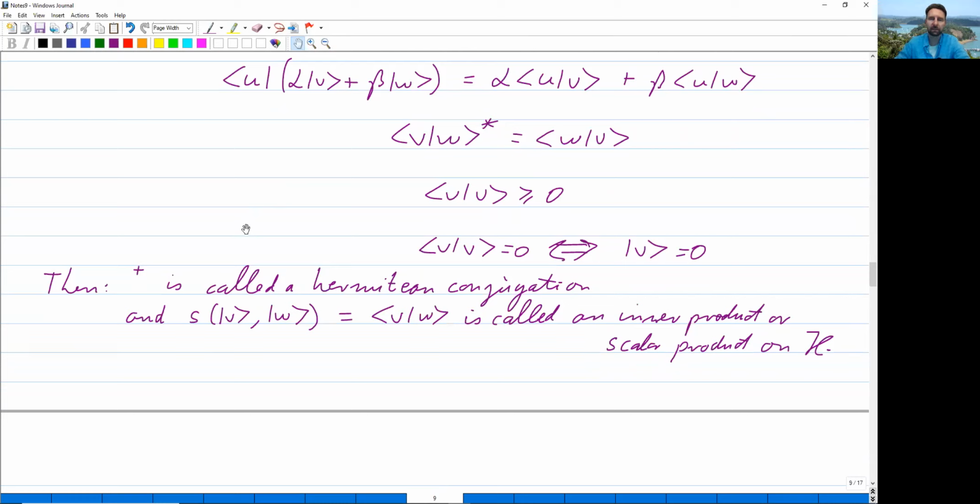Still the same definitions, but where you start with the inner product and then derive the Hermitian conjugation map. But following Dirac, it's more natural to start with the Hermitian conjugation map and then get the inner product from it.